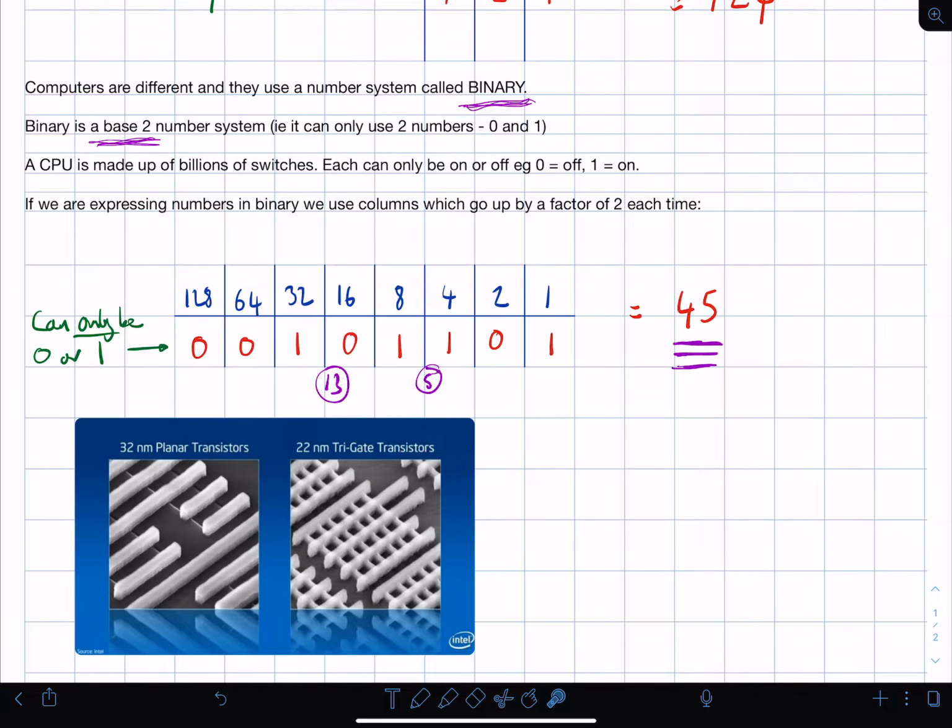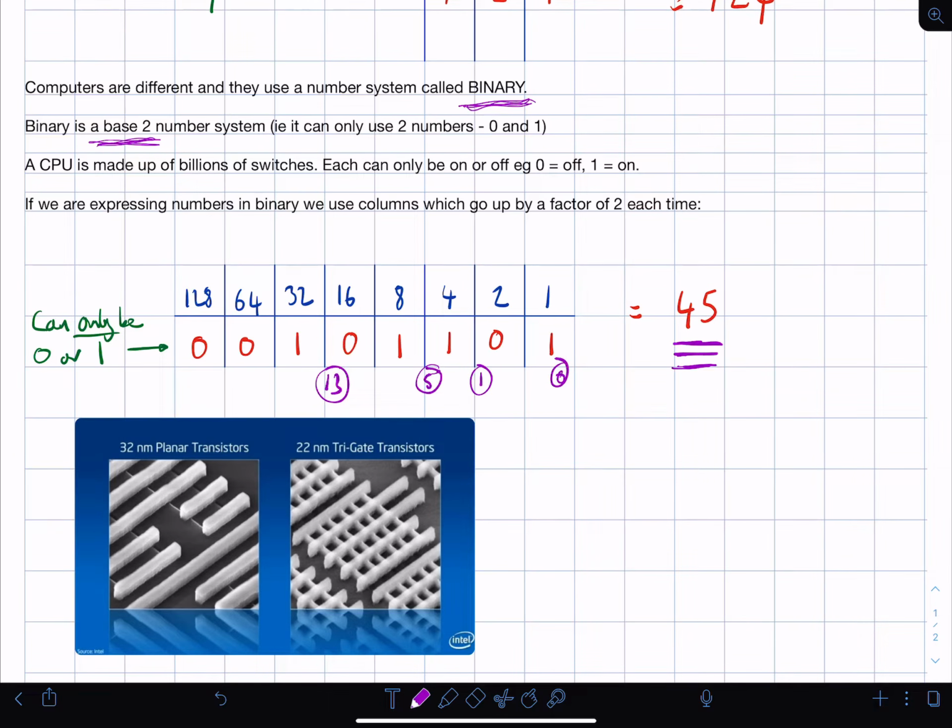How many 4s can we fit into 5? We can fit 1 four into 5, and we'll have 1 left over. So we move to the next column. How many 2s can we fit into 1? None. So we move to the next column. How many 1s can we fit into 1? 1. So we take 1 from 1 and we have 0 left.